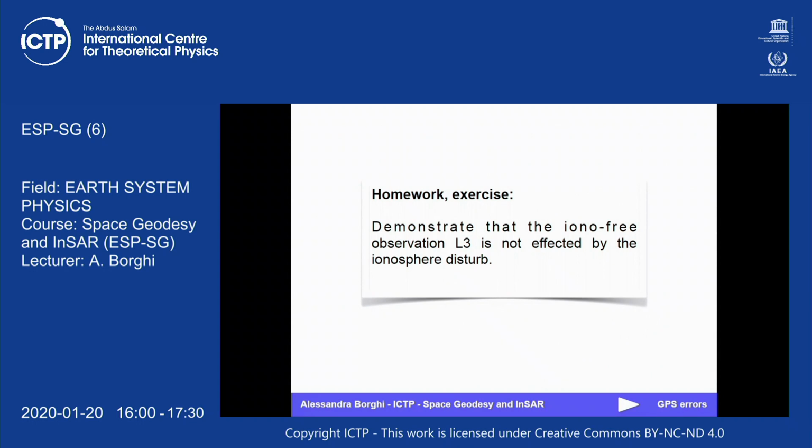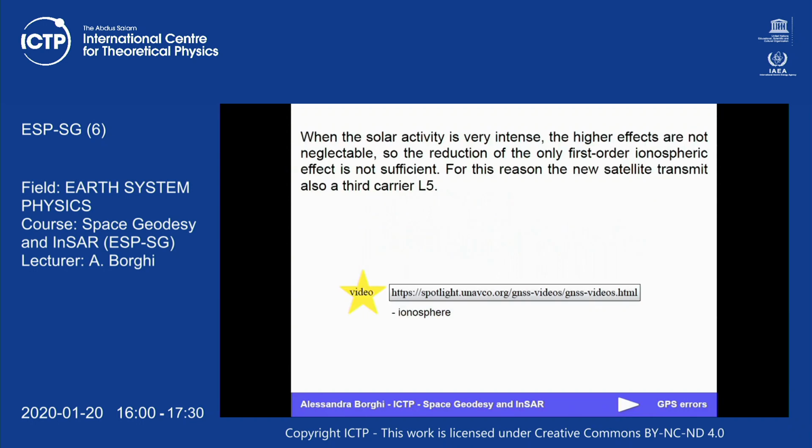So demonstrate that the iono-free observation L3, in phase or code, is not affected by ionospheric disturbance. It's just a simple computation: you introduce the term of ionospheric delay, and you estimate the parameter. Verify that with that parameter you don't have this type of disturbance.